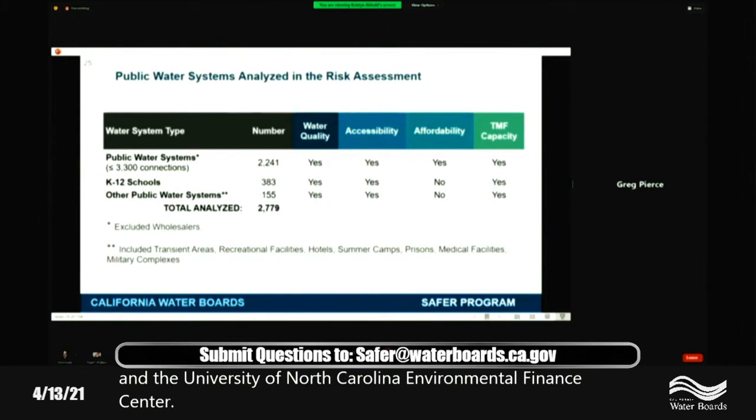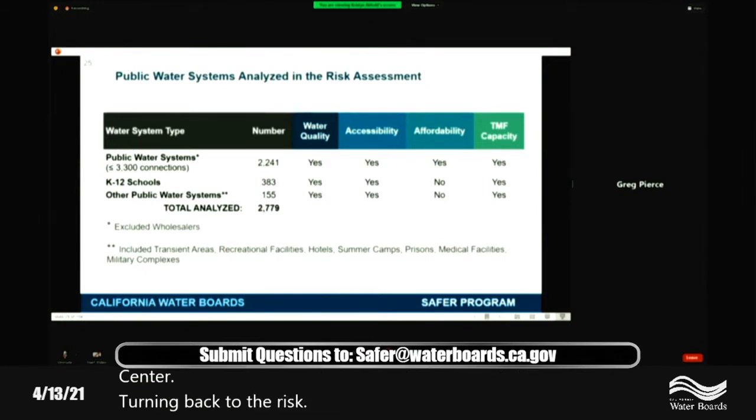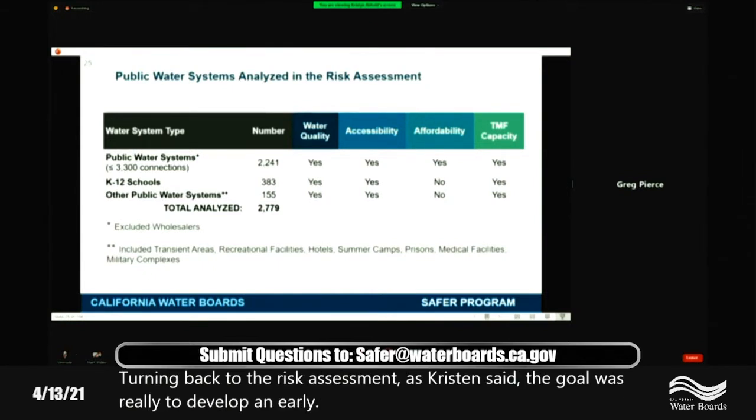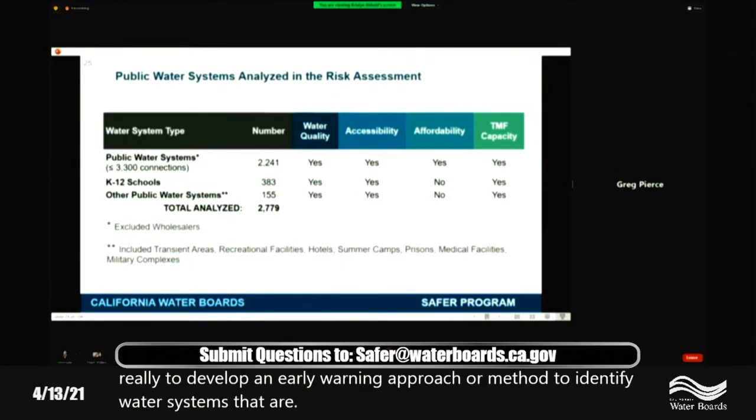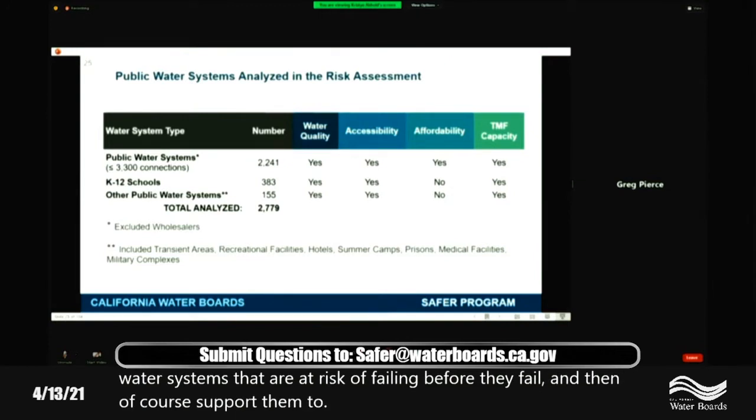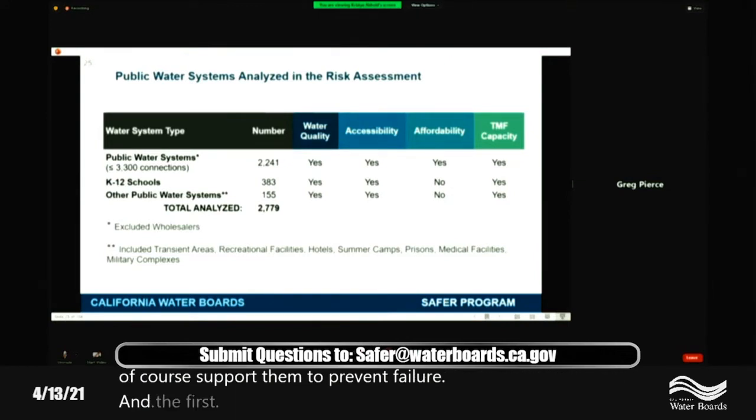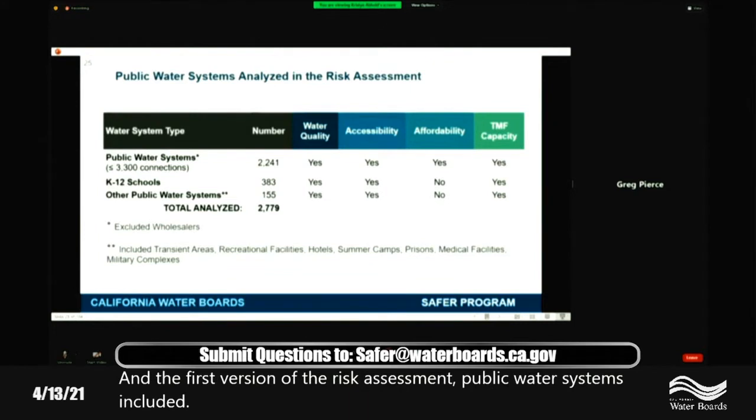Turning back to the risk assessment, as Kristen said, the goal was really to develop an early warning approach or method to identify water systems that are at risk of failing before they fail, and then of course support them to prevent failure. The first version of the risk assessment for public water systems included public water systems with 3,300 connections or fewer.